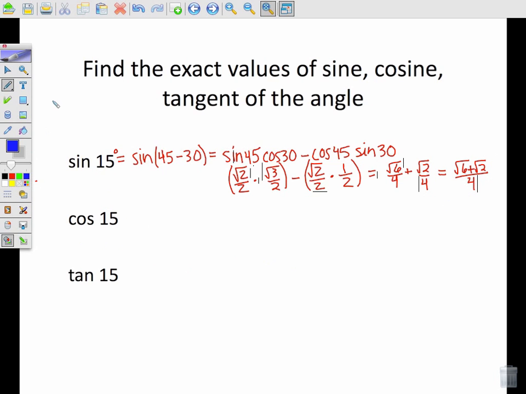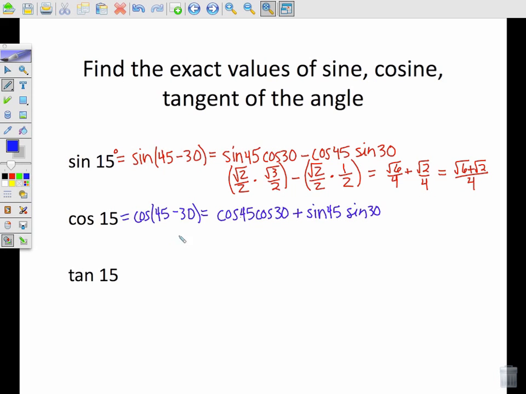Let's go ahead and now look at what we would do for cosine. So cosine would be cosine of 45 minus 30. Again, you could use 60 and 30 or 60 and 45, either way. This is cosine of 45 times cosine 30 plus, using the formula, so you have to change it, that's addition, sine 45 sine 30.